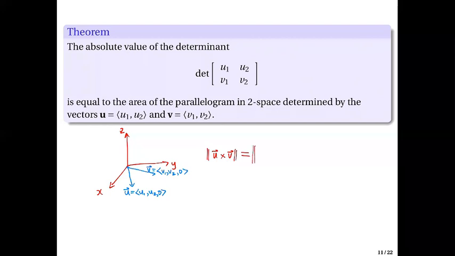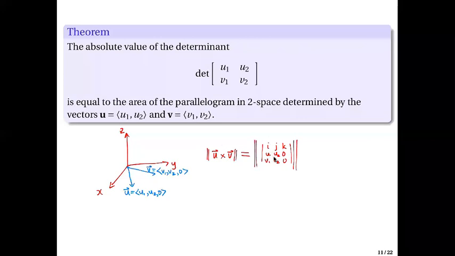So let me use the determinant: i, j, k, u1, u2, 0, v1, v2, 0. Okay? And then you get the norm of this.